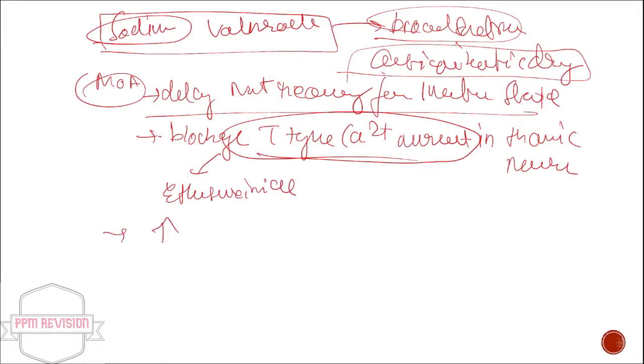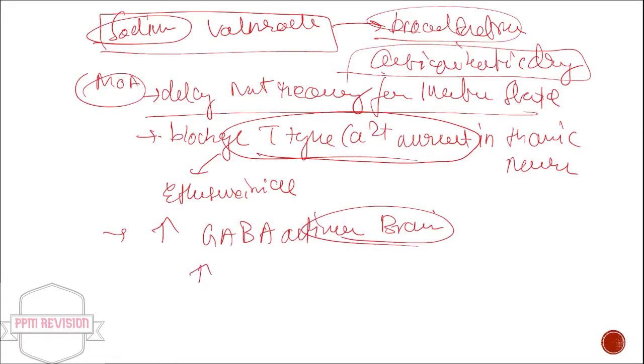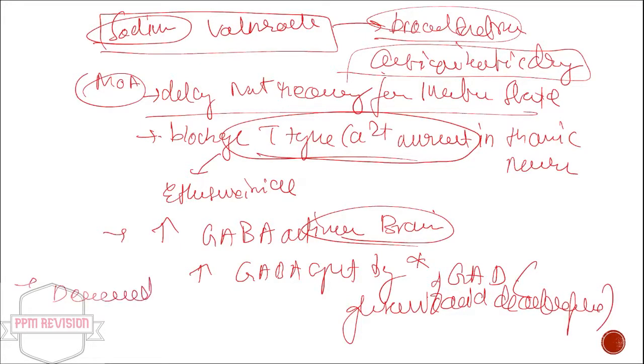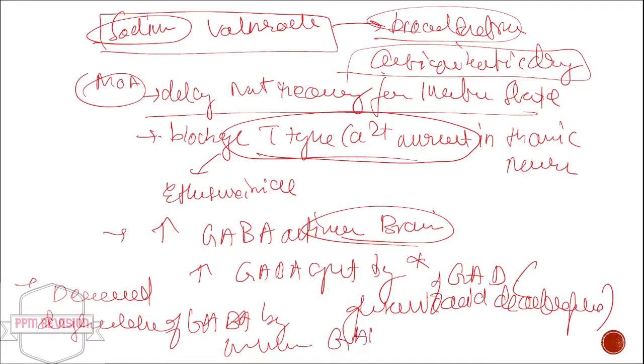And also there is an increase in GABA activity in the brain, and this can be by increase in GABA synthesis, by stimulation of GAD, that is glutamic acid decarboxylase, and also decreased degradation of GABA by inhibiting the GABA-T, that is transaminase enzyme.